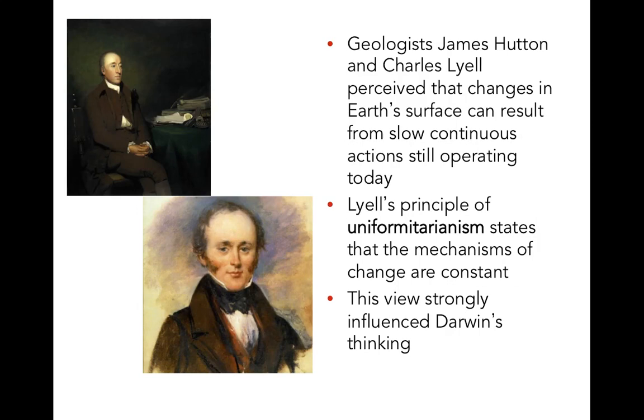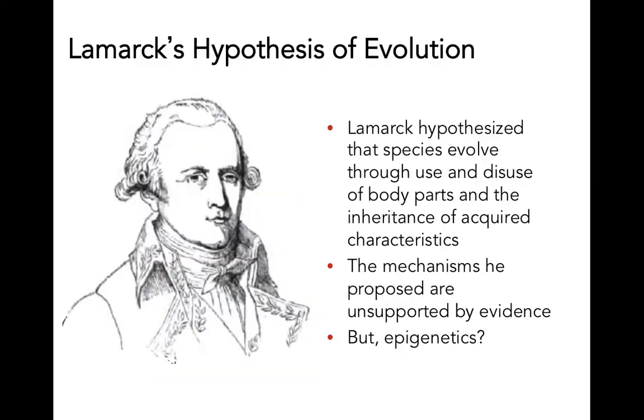And this was called the principle of uniformitarianism, the idea that the mechanisms of change are relatively constant. And Darwin adopted this idea, and also this idea that the Earth was very ancient and not just a few thousand years old, but more likely a few million or possibly billion years old.